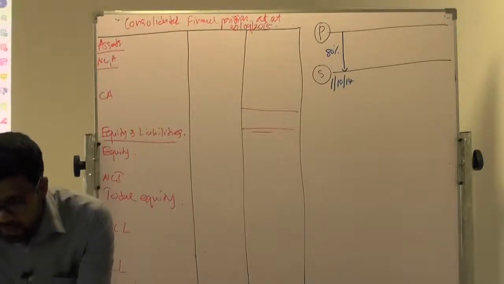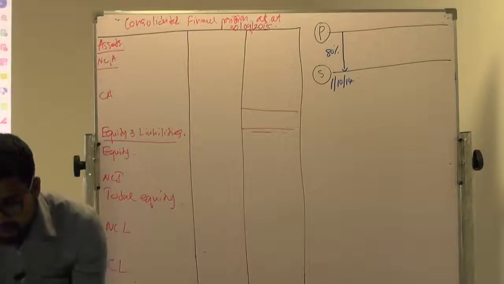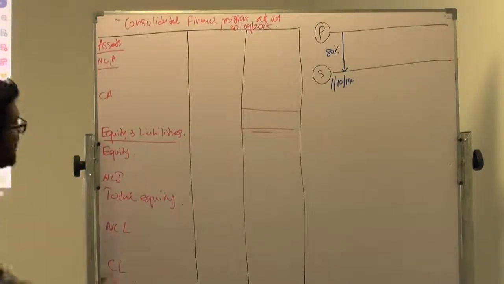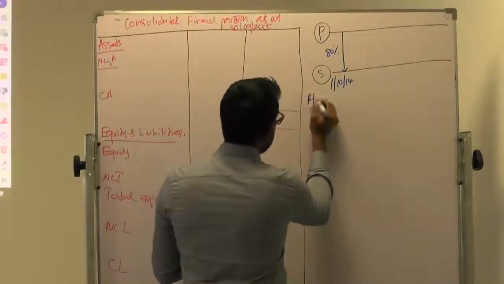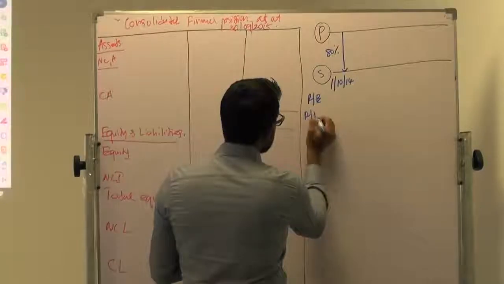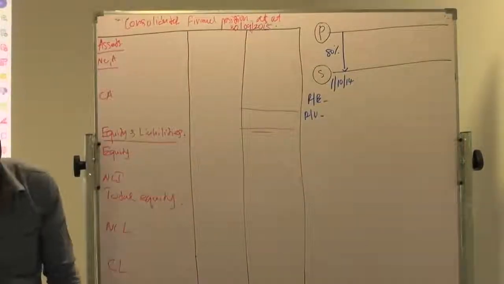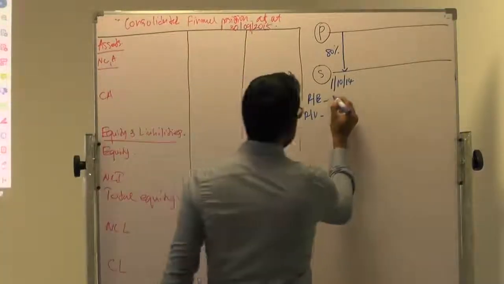At this date, the retained earnings of Srima company were 34 million and revaluation surplus stood at 4 million. On the same date, retained earnings and revaluation reserve, how much? 34 million and 4 million.